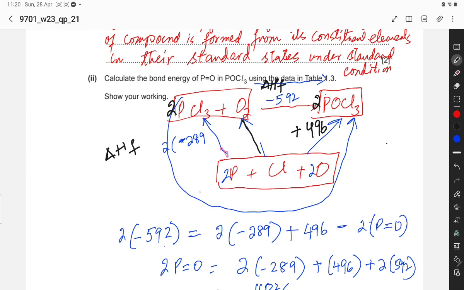So one arrow is drawn like this, and the other is this: this is the direct route, and this is the indirect route. So delta HF of POCl3 is equal to minus 2 bond of PO.